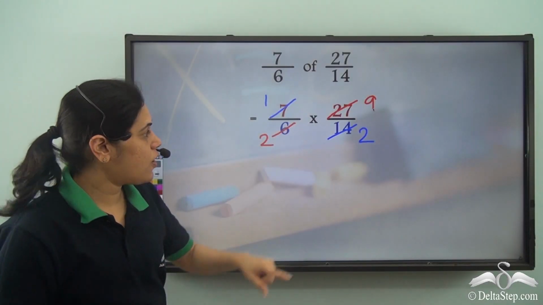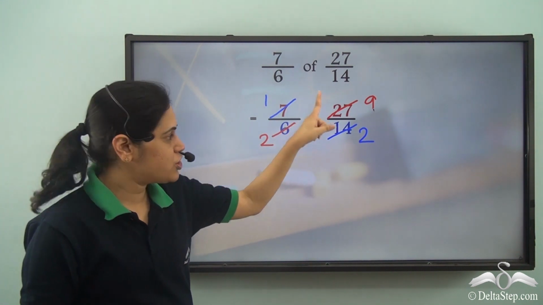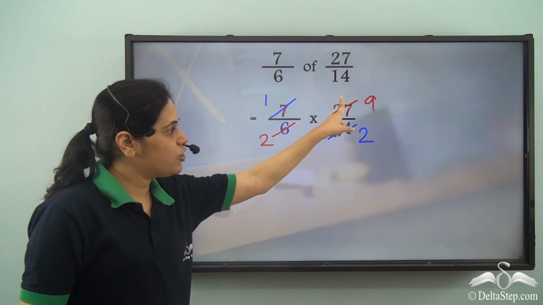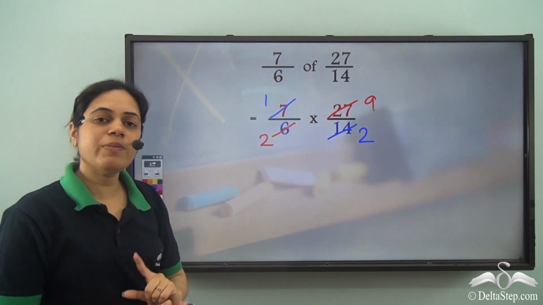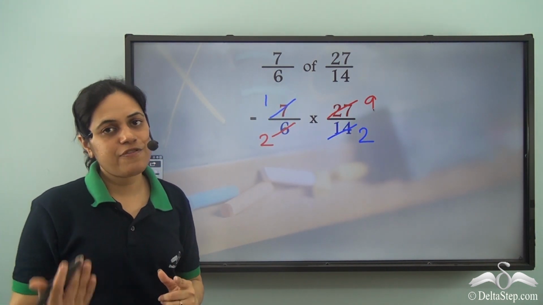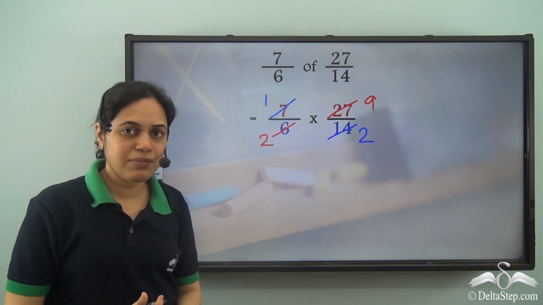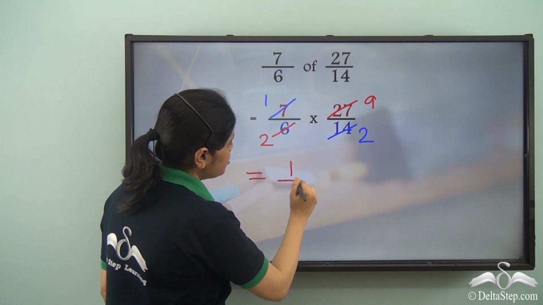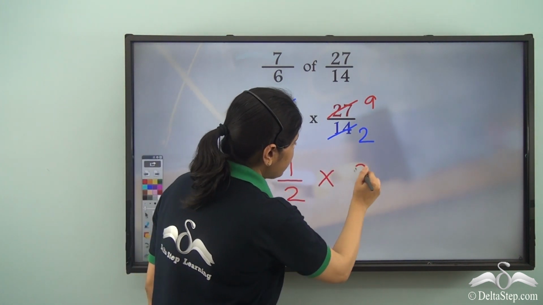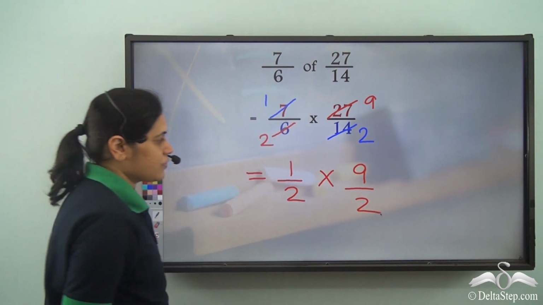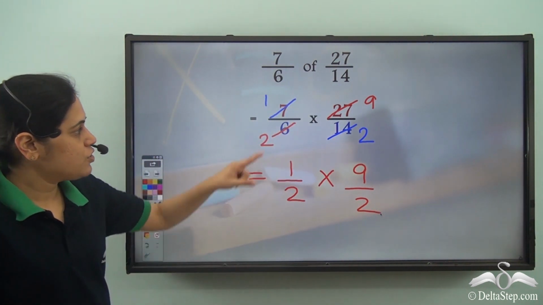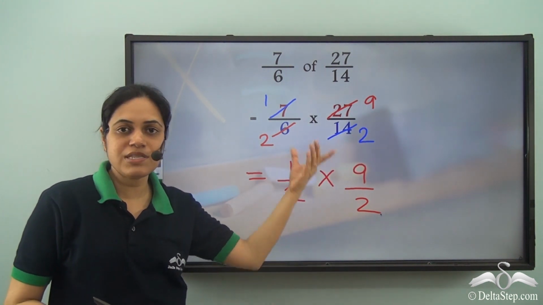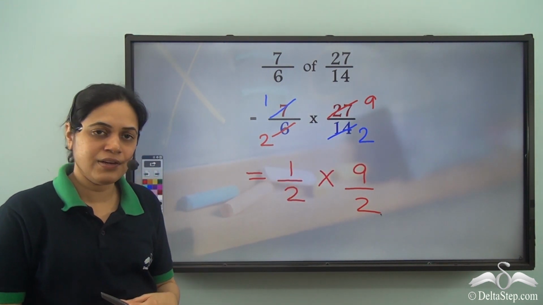So I can cancel out the numerator of one fraction by the denominator of the other fraction and the numerator of this fraction by the denominator of this fraction if both are divisible by the same number. So my multiplication becomes 1 by 2 into 9 by 2. This is what I have. These are my new numbers after cancelling or simplifying.